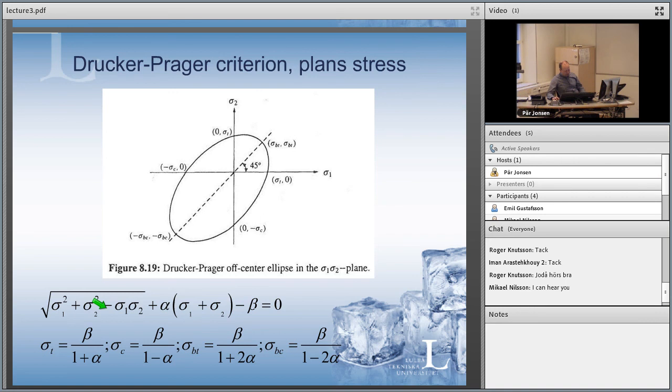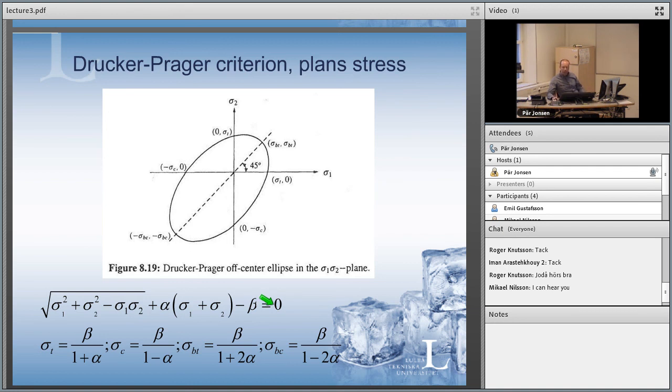You have something called also sigma T and sigma C. This is tensile stress, and this is compressive stress, and this is biaxial tensile stress and biaxial compressive stress. So this is the point. Biaxial means that you have effects from two types of loading, sigma 1 and sigma 2.